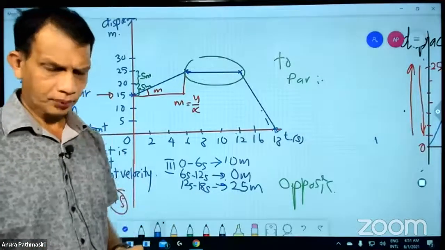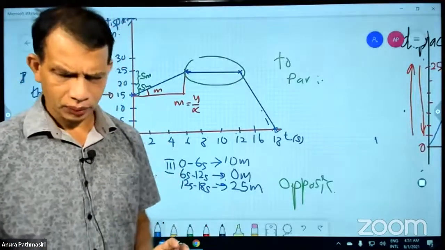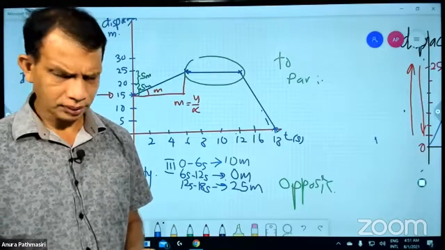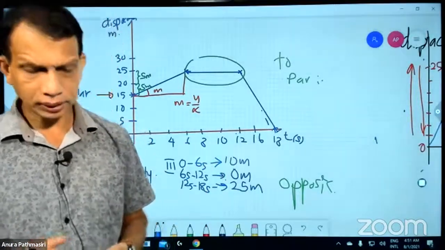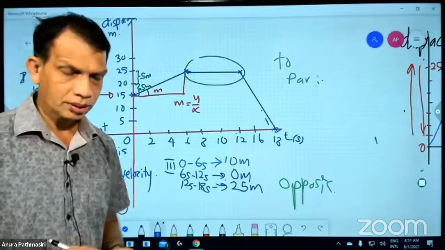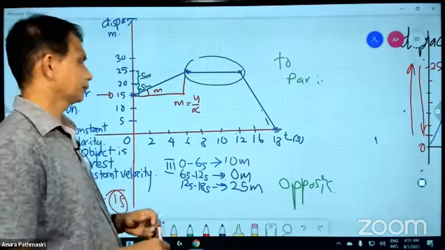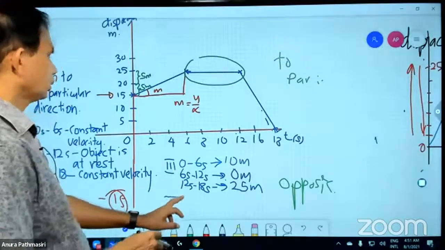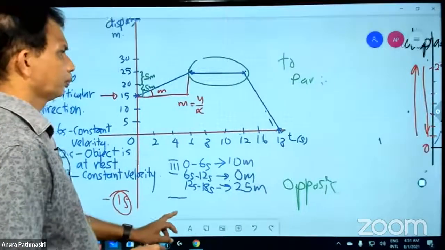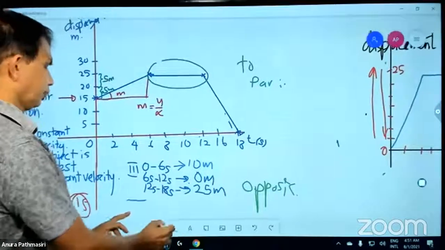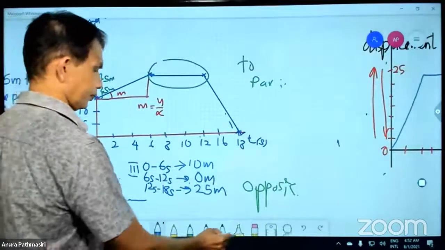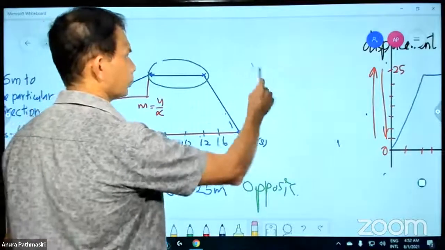And moving to the other question. What is the distance traveled within? Yeah, that's the third one we answered. Find the magnitude of the motion from 0 second to 6 second. Magnitude of the motion. Try to find out.